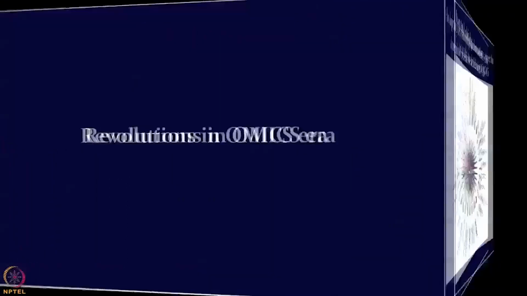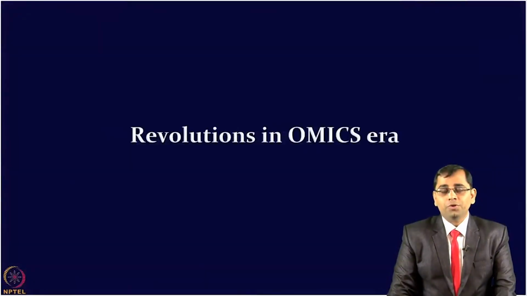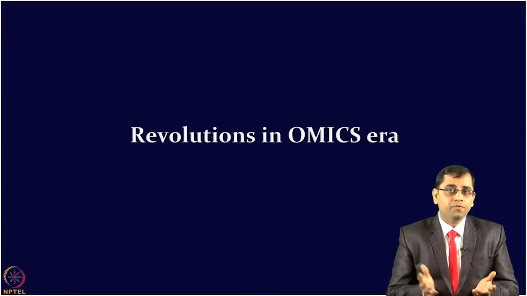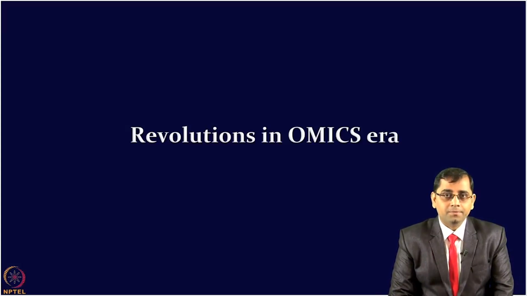treatment. So, in my next part I am going to talk to you about some of the major revolutions which are happening in front of us in the field of omics. I am going to give you some very brief examples and also give the perspective directly from the experts, the scientists who are working in this field and who have actually laid the foundation for these areas.